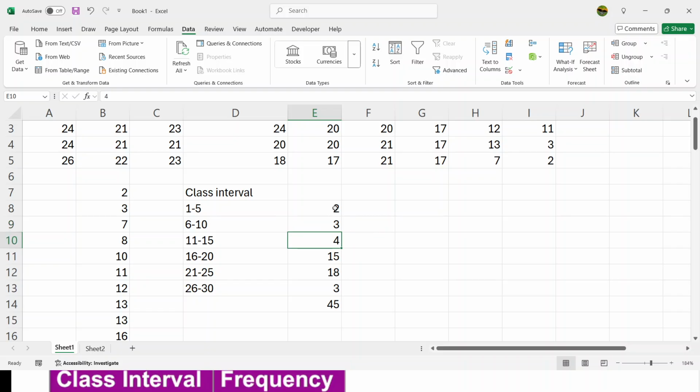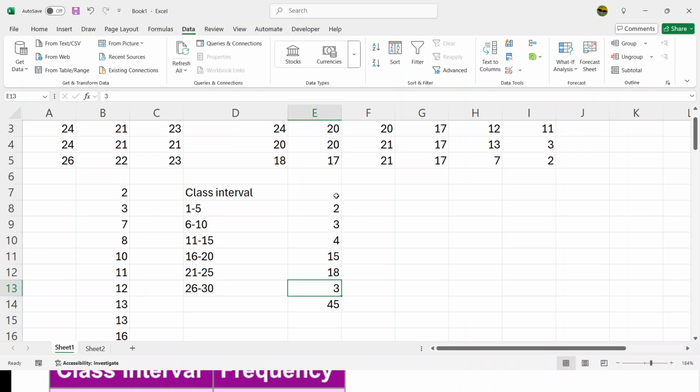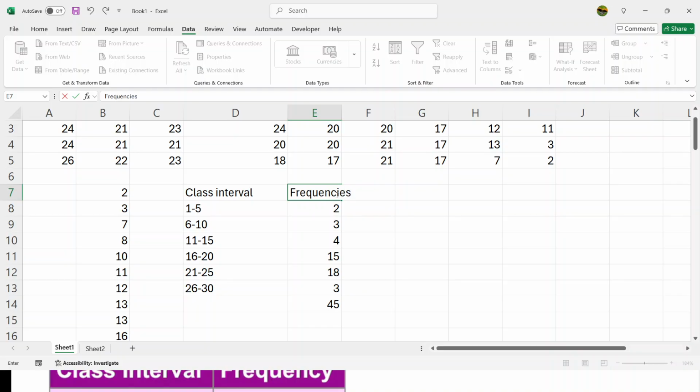Class interval for between 11 to 15 is 4. So all of them, as we have done manually through counting, is a total of 45. So we call these frequencies. Frequency or frequencies.